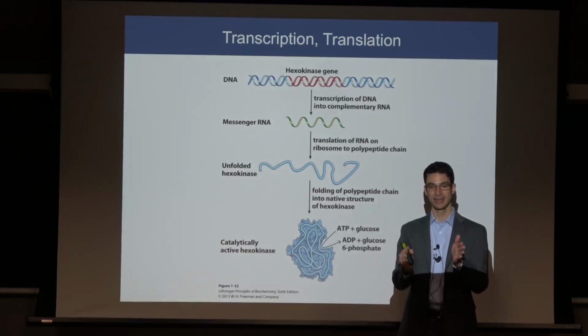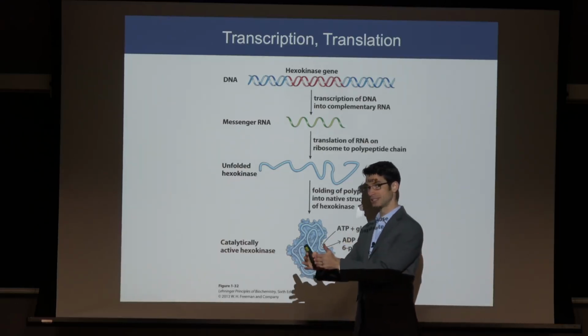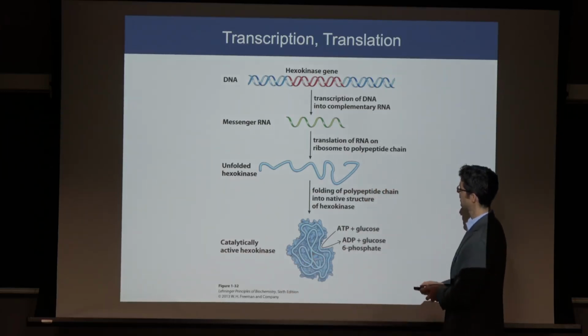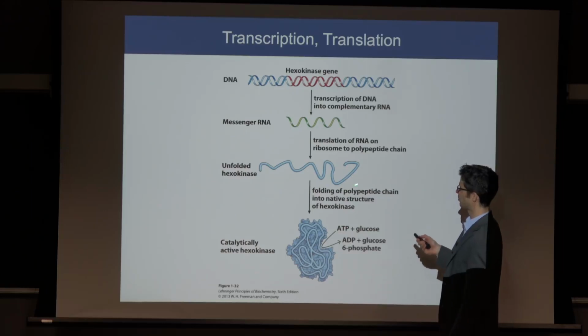So every three units on the messenger RNA corresponds to an amino acid. Then the ribosome produces this unfolded hexokinase chain, and then this is a peptide.